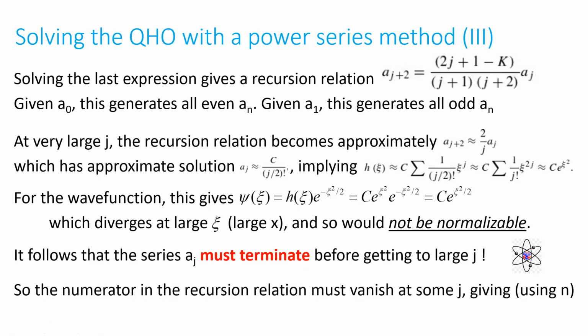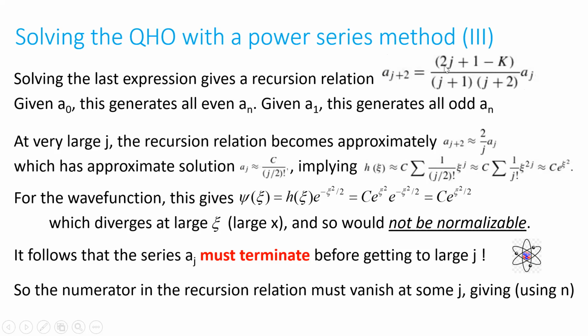Okay. So the numerator in this recursion relation must vanish at some value of j, so that the next value, a to the j plus 2, is 0 and the power series terminates. Just to make it look familiar, instead of j here, we'll use n. We're going to have k equal to 2j plus 1, but we'll use n just because that's what we're familiar with.